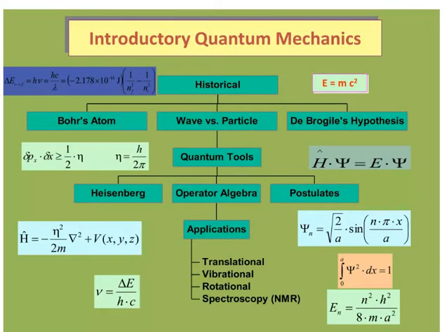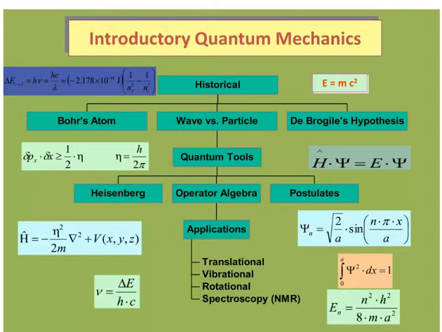Then psi functions: psi n is equal to root over 2 by a sine n pi x by a. Then unity, integral 0 to infinity psi square dx, normalization. Then nu is equal to E by h, and then energy is n square h square by 8ma square.